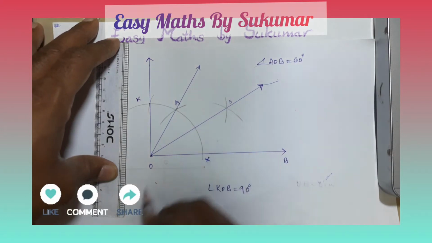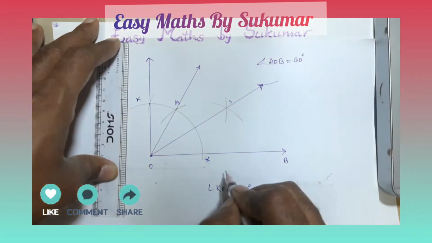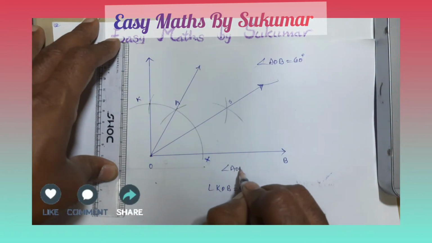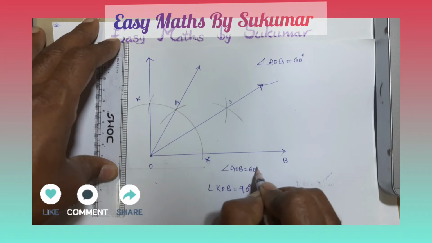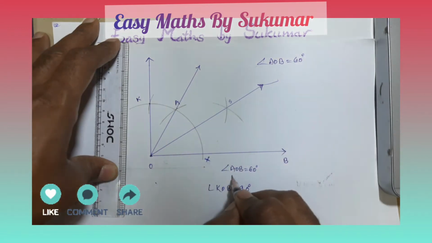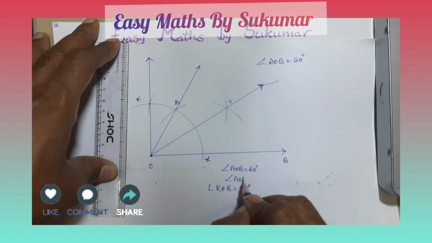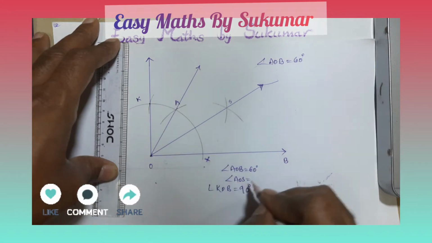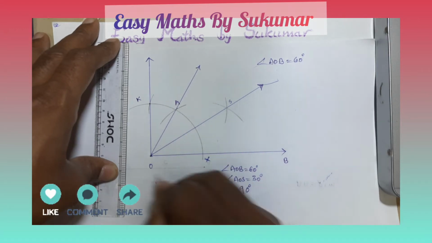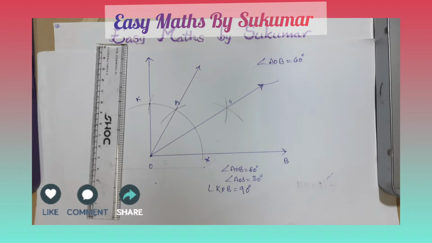What about this angle AOB, my dear students? This angle AOB is 60 degrees. What about this angle AOS? Angle AOS is 30 degrees. That is, OS is the angular bisector of angle AOB.